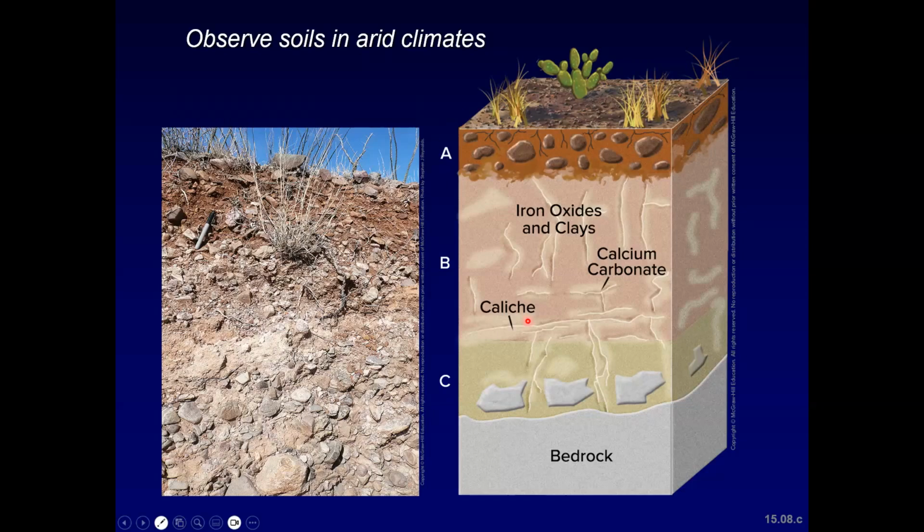You'll have less chemical weathering and material leached from the upper parts of the soil, accumulating further down. And then calcium carbonate, calcite, precipitates in the soil, building up over time and forming what we call a caliche over tens of thousands of years. Not being dissolved into solution because there's not a ton of water available.